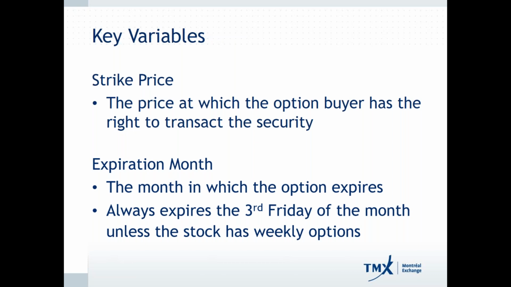But if we took a calendar, then the very first Friday of August is the 4th of August, then there's the 11th of August, and then there's the 18th of August, which is the 3rd Friday in August. So by just simply looking at a calendar, we know that the option expiration for the August options falls upon the 18th of August. It's always the 3rd Friday of that month.